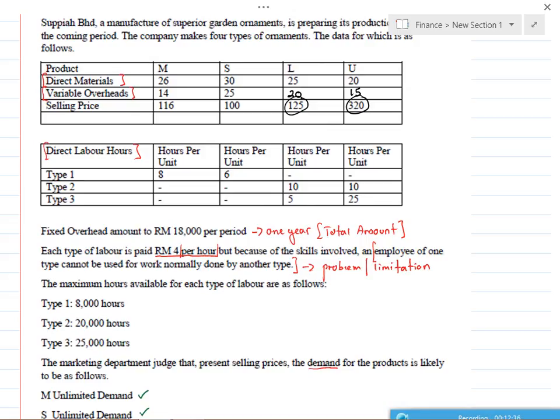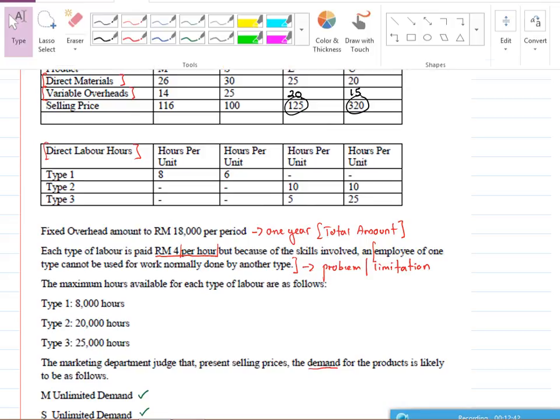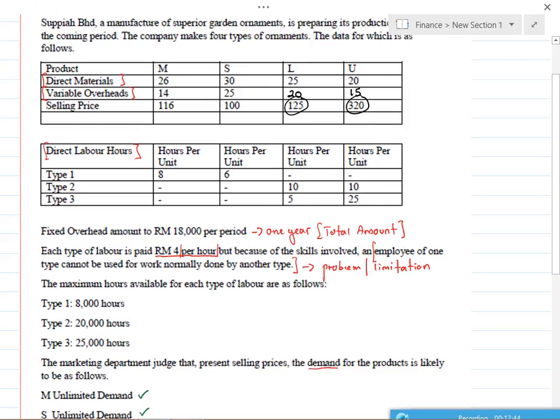Sure, confirm, type 2 and 3. Why is that? Why 2 and 3? Because you have a limitation only in these two products, am I right? So you have to choose only type 2 and type 3.